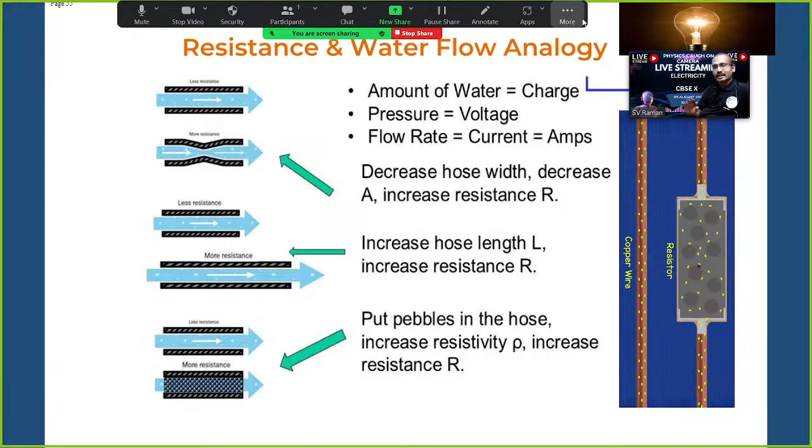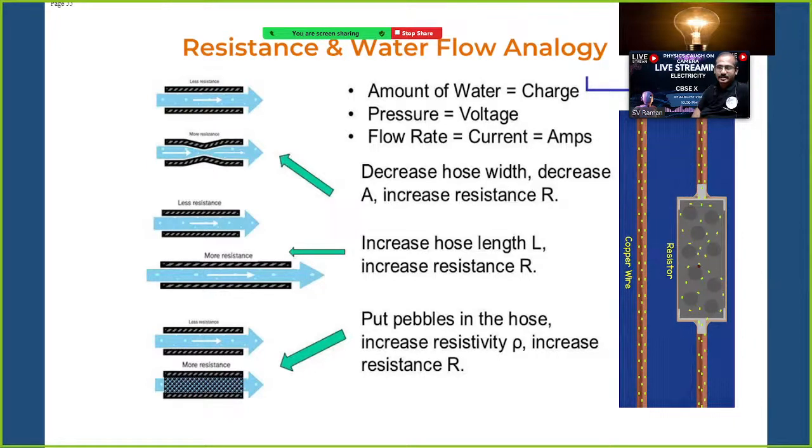Flow rate is current. These three you remember. The amount of water compares to charge in electricity. You apply pressure to the water, which you compare with voltage. Here pressure and voltage compare. Flow rate is current, and current is measured in amperes.